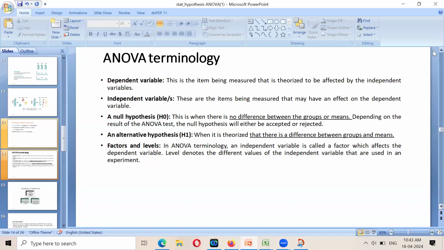So the dependent variable is influenced by the independent variable, right? Null hypothesis: this is when there is no difference between the groups or means. And alternative hypothesis: there is a difference between groups and means.